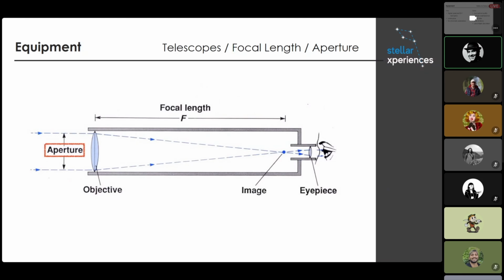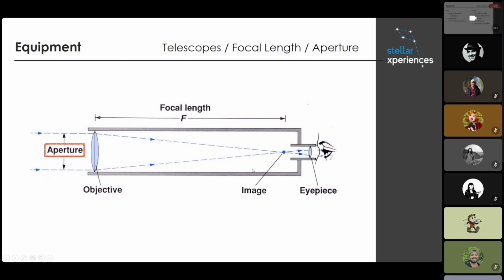And sorry. So in telescopes, there are two parameters that are really important. The first one is focal length.